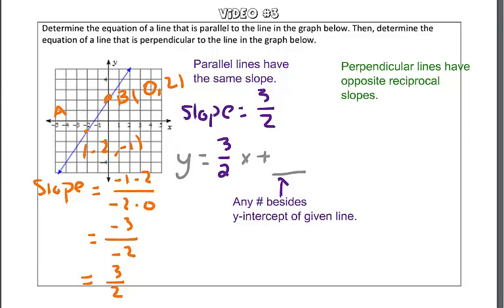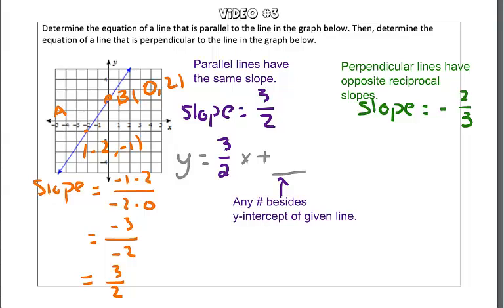The next part of the problem asks us to find the equation of a line that is perpendicular. Well, we know that perpendicular lines have opposite reciprocal slopes. So that means the slope of this line has to be the opposite reciprocal of +3/2. So the opposite would be negative, and the reciprocal would be 2/3. So the slope of this line has to be -2/3.